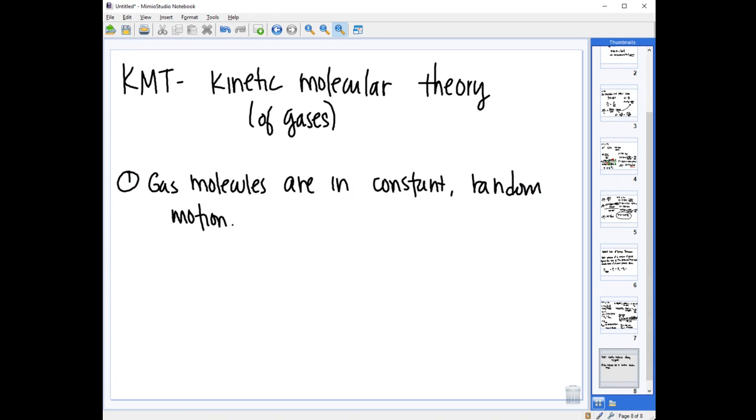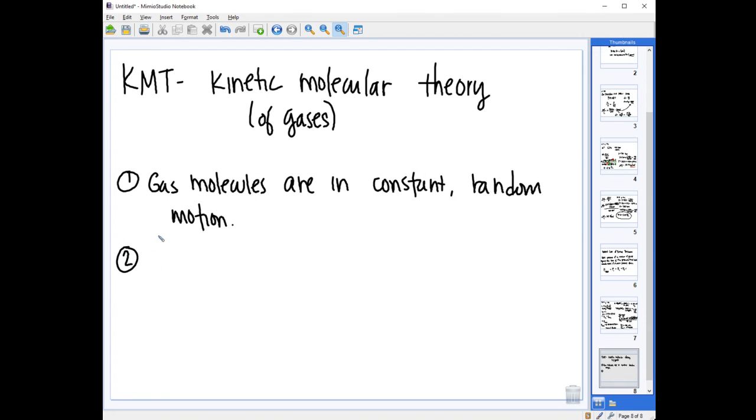So they're always moving. These little molecules or atoms are always moving. They're just floating around, constantly moving. So constant random motion.